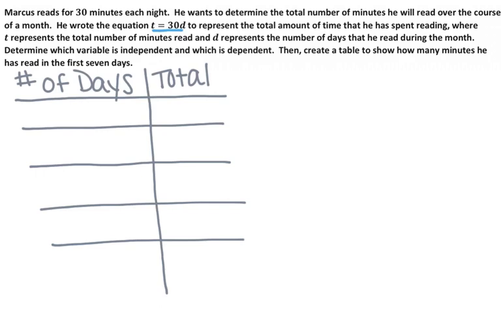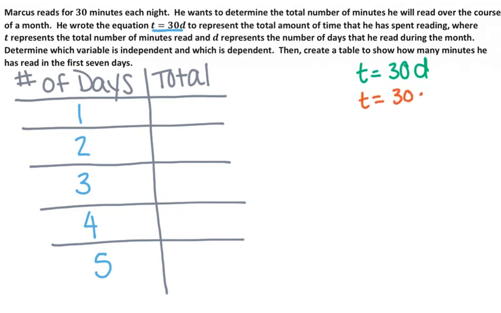So we're going to just make this pretty simple, and I'm going to say that he read for 1, 2, 3, 4, 5 days. And our equation is T equals 30D. So D stood for number of days, so we can take 1 and we can plug it in.